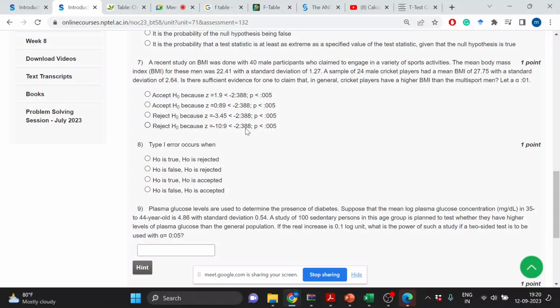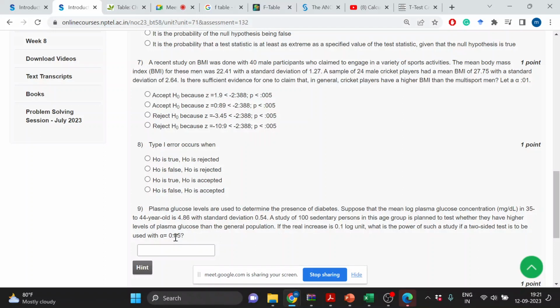Yeah, n minus 1. The table, they don't have that 99. No, no, here actually you don't. You just use your 100 to calculate your S by root N, your standard error, and then you compare it with your Z critical. Z critical should be 1.96 for alpha equals 0.05.